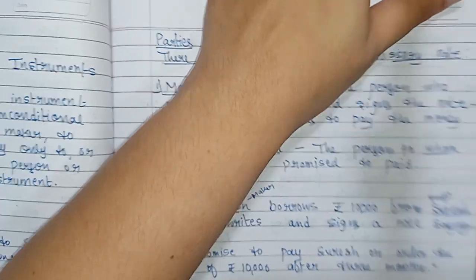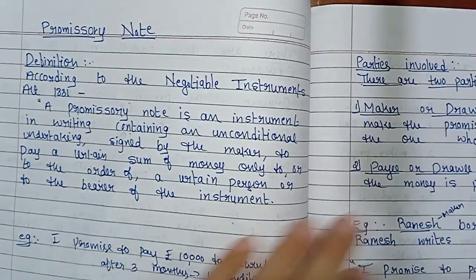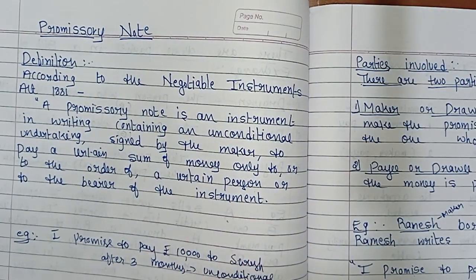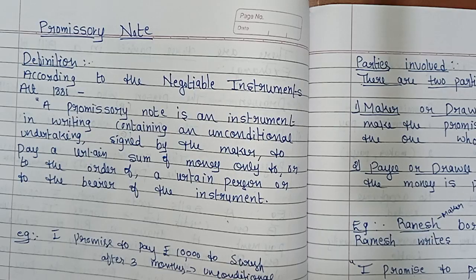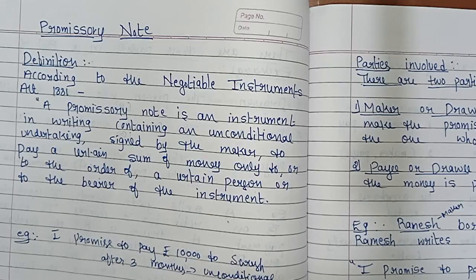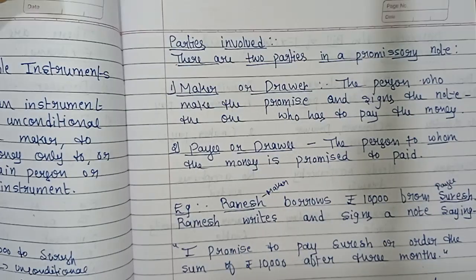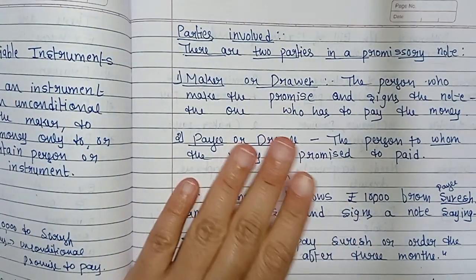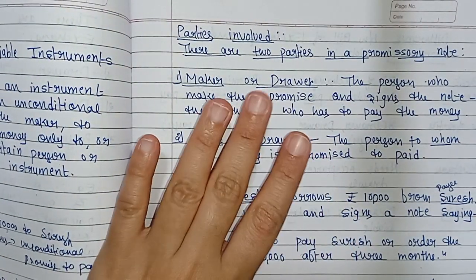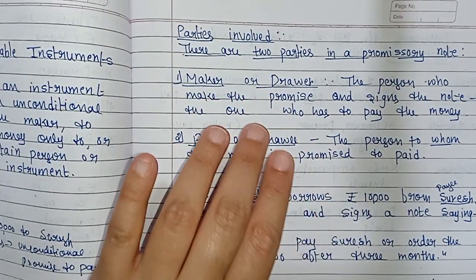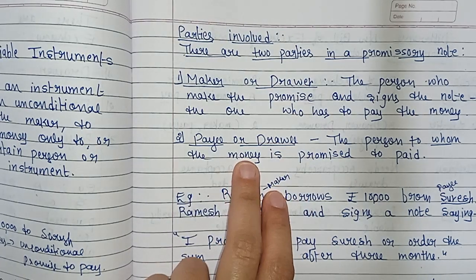And what about promissory note? Promissory note is a promise to pay. The maker himself promises in writing to pay a certain amount to the payee.